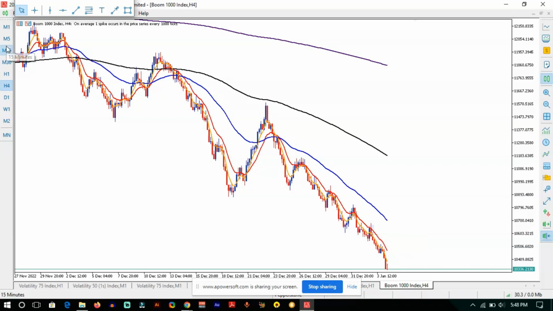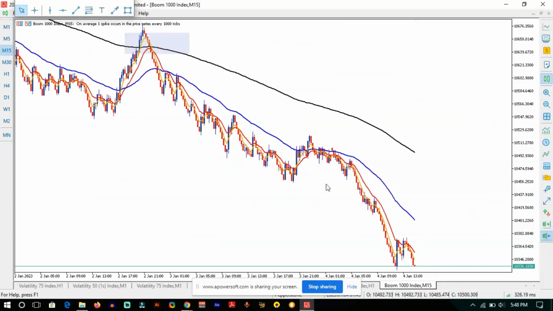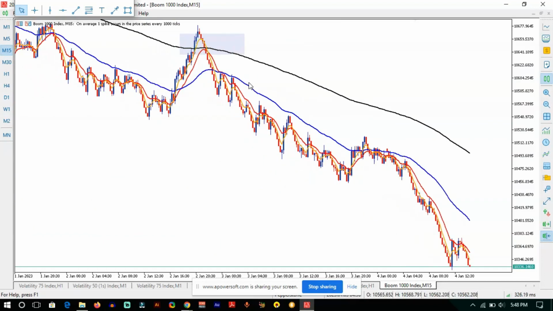If I'm on M15 and I get a retest, because the 13, by the way, what I didn't tell you, the 13 is for entries. When we get below the 13, we take entries.